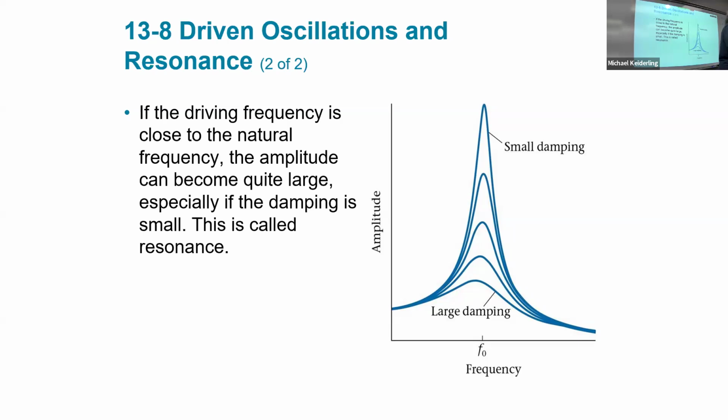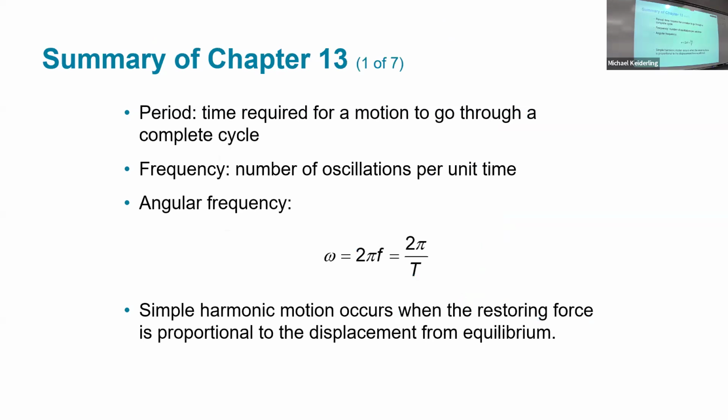But it has a resonance frequency that it will naturally ring out at. And that's how things like bells and such work. So we use resonance in musical instruments all the time.